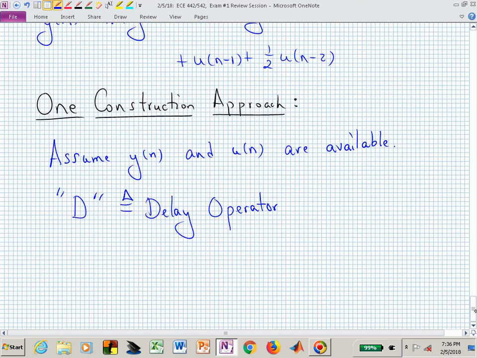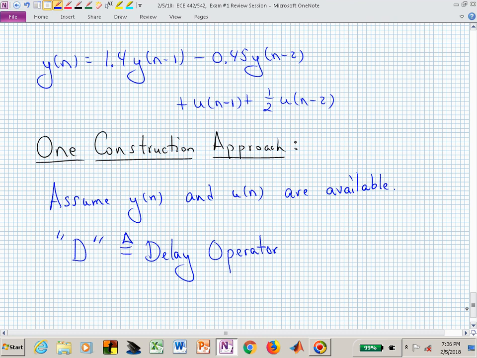So now what I want to do is write the right-hand side. Since the left-hand side is already y of n, I want to write the right-hand side in terms of y of n's and u of n's, without any delays. All the delay will be accommodated with my delay operator. Meaning, to generate y of n minus 1, I would have to delay y of n with one delay.